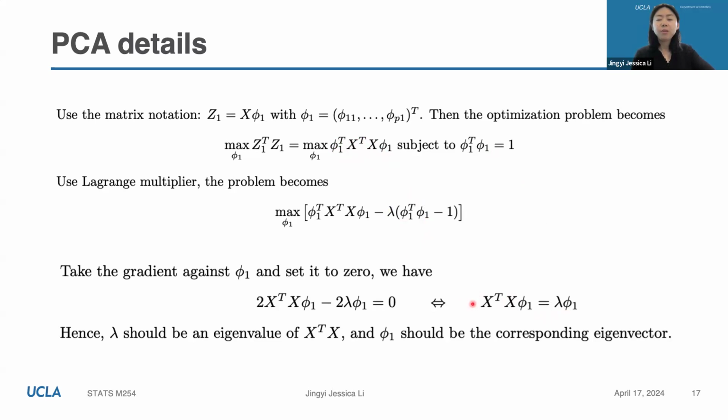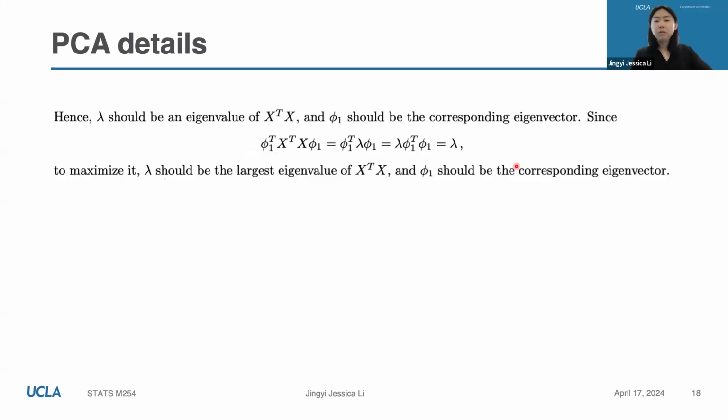When you left multiply phi1 transpose here, you also left multiply it here. Lambda as a constant can get out of it, and phi1 transpose phi1 is 1. So essentially, the thing to be maximized is equal to lambda. Since we want to maximize it, and it's equal to an eigenvalue, naturally we look for the largest eigenvalue among all possible eigenvalues.